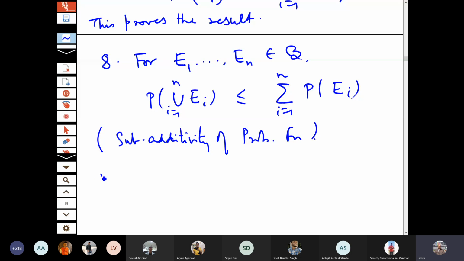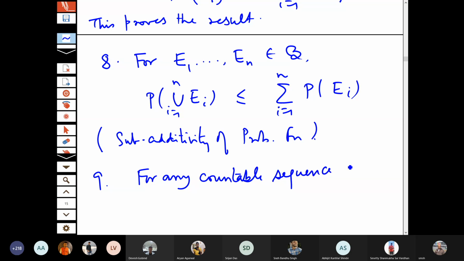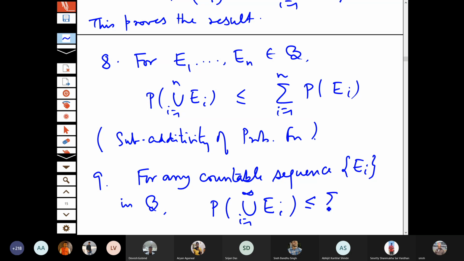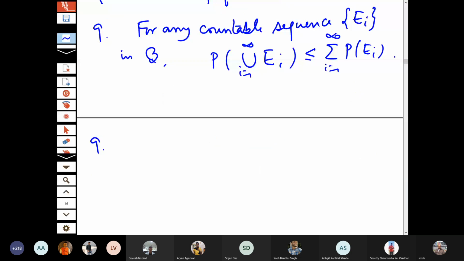And then this can be extended to countable subadditivity also. Then next is the Boole-Bonferroni inequality.